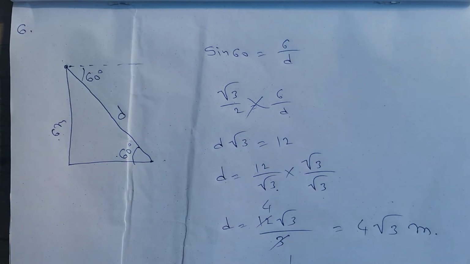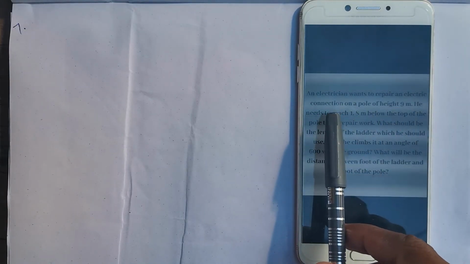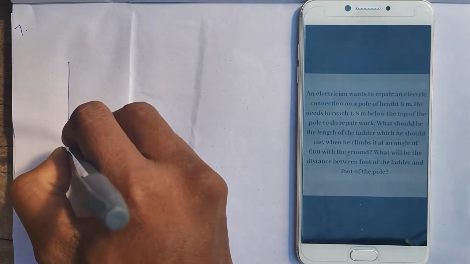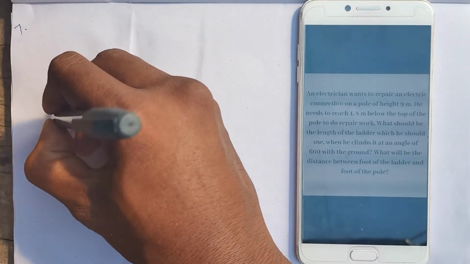Okay, let's move to the 7th question. The question is, an electrician wants to repair an electric connection on a pole of height 9 meters. So one pole is there which is of 9 meters.